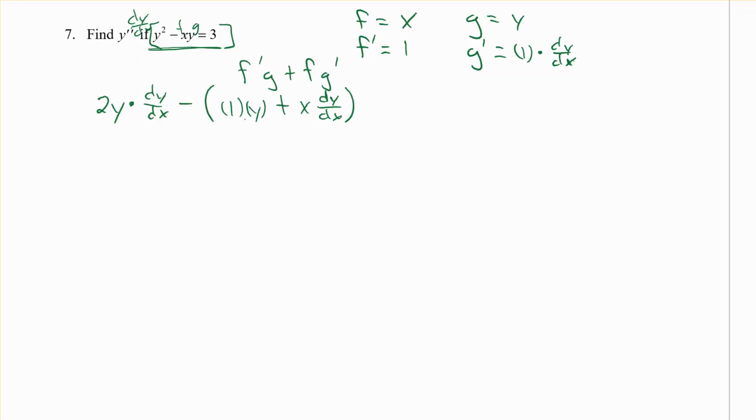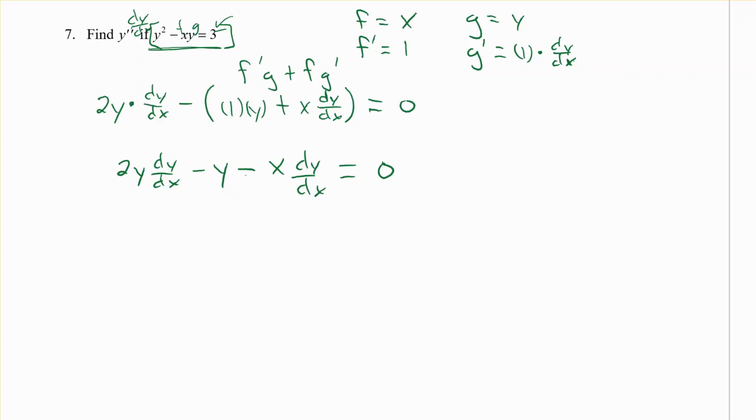When I clean this up, this turns into 2y dy/dx minus y, and then minus, remember that this is distributive, so the negative up front is being multiplied by both terms, so minus x dy/dx is equal to, and the derivative of just 3, just a constant term, is 0. And I should have had a 0 up there too. Okay, so that's equal to 0.